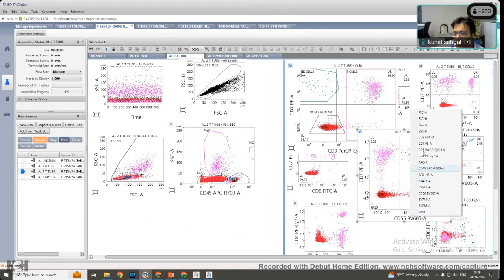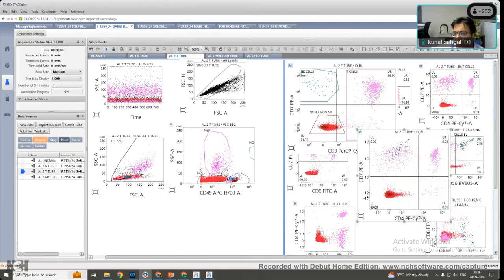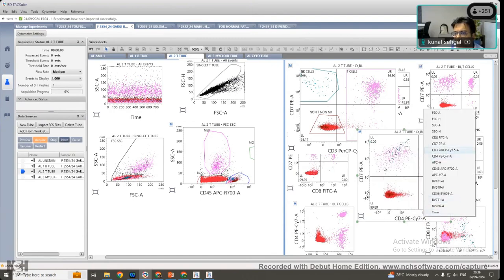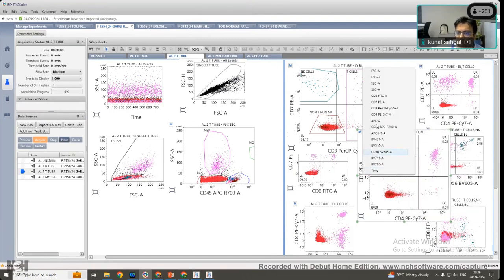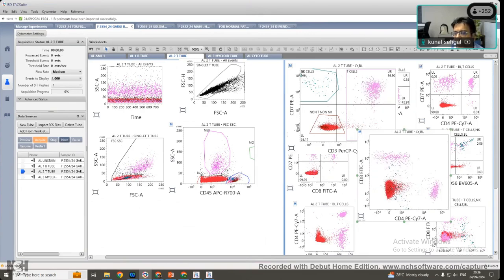What is the expression of CD4? Negative. What is the expression of CD8? Let's put CD8 over here. Negative. Now you don't expect a B-ALL to express T cell markers, right? But you can see good internal controls, know your normal patterns, know that your antibodies are working, and that the blast are T markers negative.